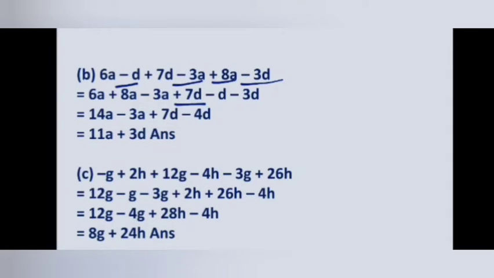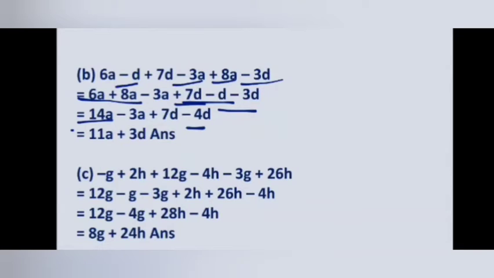Little by little, we have 6a plus 8a to give us 14a. Then we also have 7d minus d, then minus 3d. So minus d minus 3d gives us minus 4d.